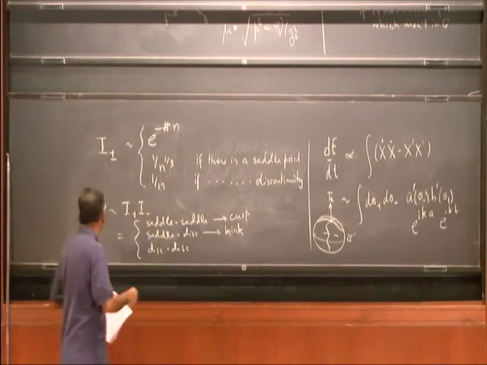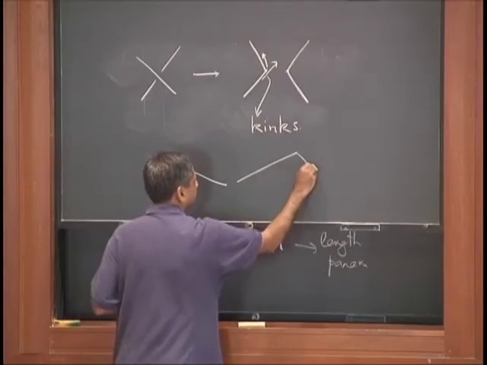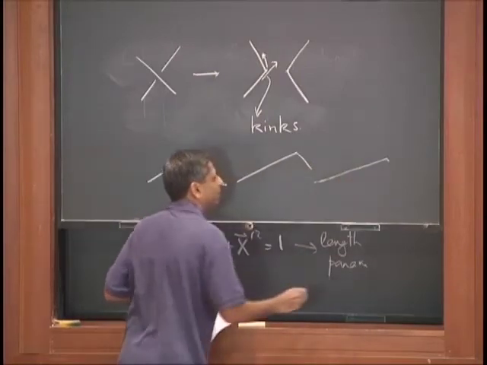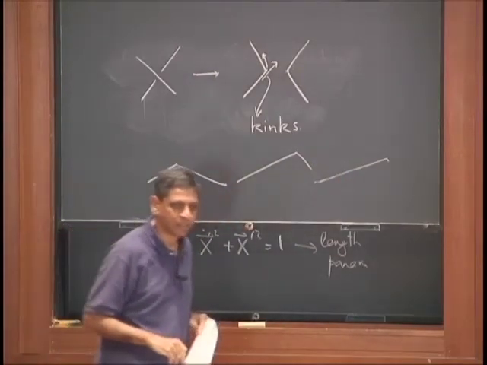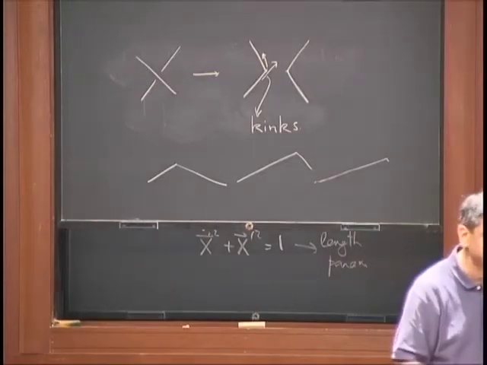A kink is a corner, and the kink keeps moving along the string. And a discontinuity, discontinuity is a kink-kink collision, where two kinks come and collide, giving you a discontinuity in both the integrals.